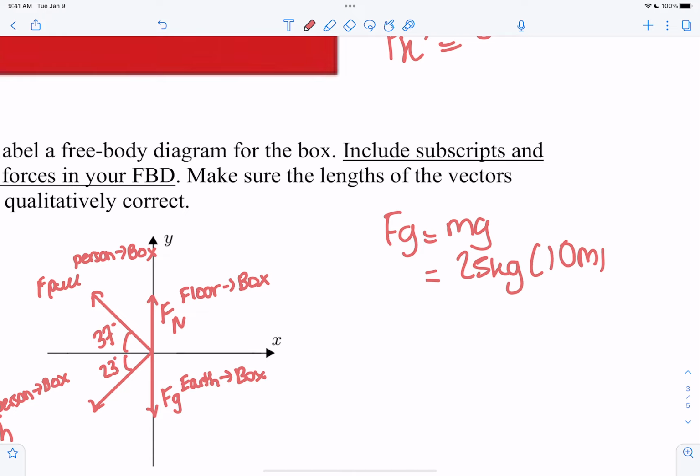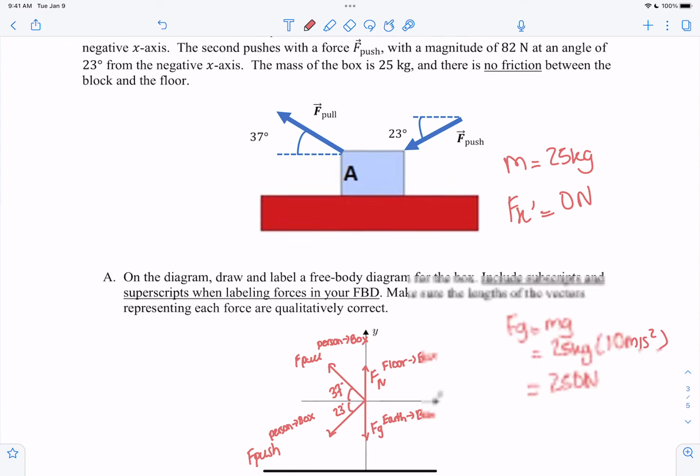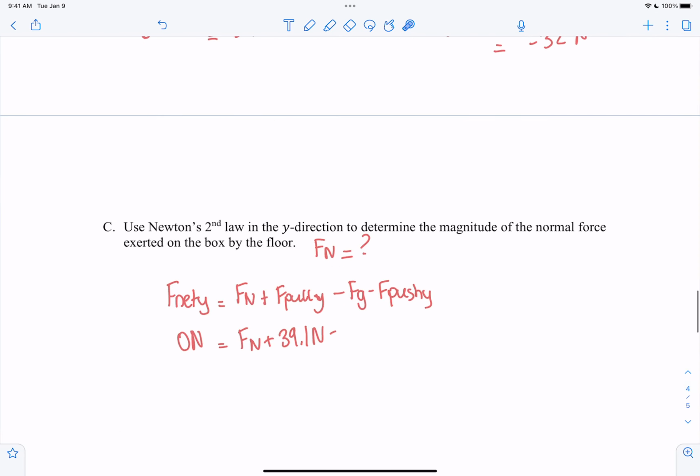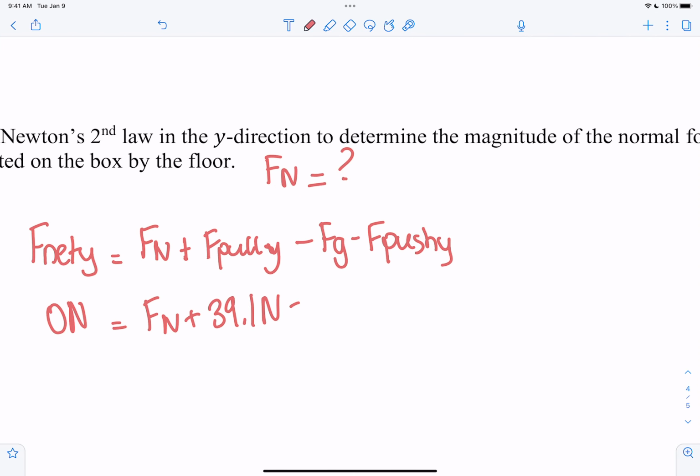I can just put in 10 meters per second squared. That's going to give me 250 newtons, and that's my magnitude. Like I said, when I integrate the sign into the equation, I'm just plugging in the magnitude. So I just plug in a positive 250 newtons, and the negative sign there is going to take care of the direction. Otherwise, if this was plus Fg, then I would have to put in that negative 10 meters per second squared, and therefore I'd have to put in plus negative 250 newtons.